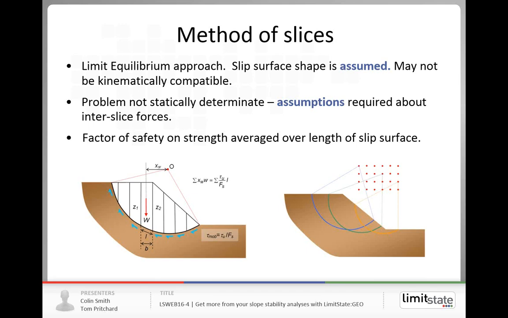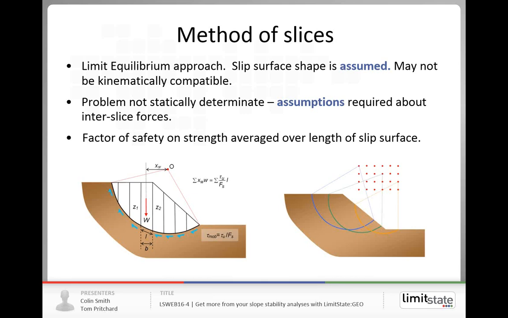Perhaps more complex still is the method of slices. In this approach, which is a limit equilibrium approach, assumptions are made about the slip surface shape. Typically, they're assumed to be circular, and where it's located. The mechanism doesn't necessarily have to be kinematically compatible, and because the problem is not statically determinate, we have to make assumptions about interslice forces. But it's not required that the slices are necessarily sliding relative to each other.